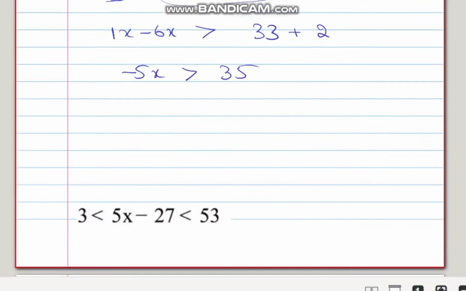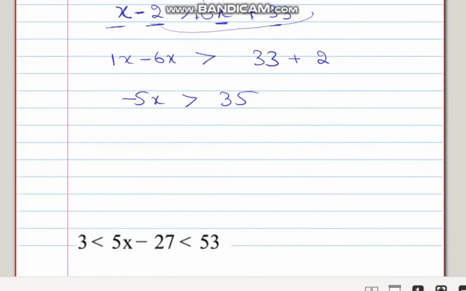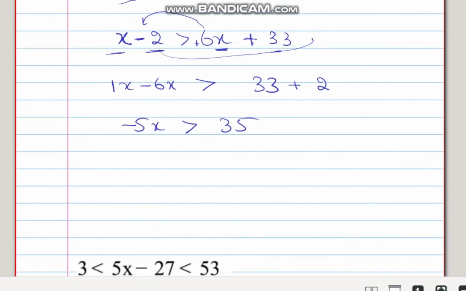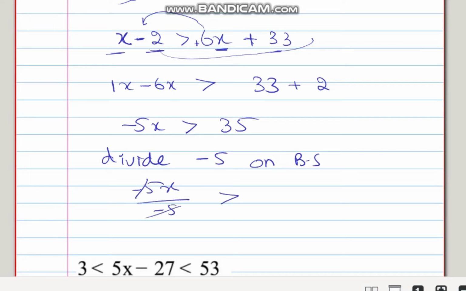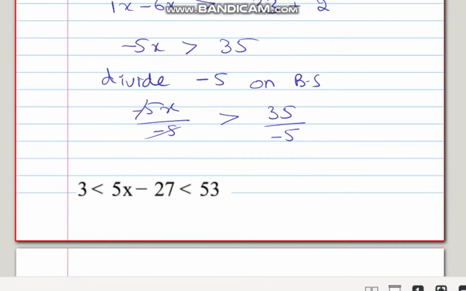Now please divide by 5 on both sides. I'm writing here, divide by minus 5 on both sides. So minus 5x divided by minus 5 will cancel out, and 35 divided by minus 5 is minus 7. Now, a very important point again.